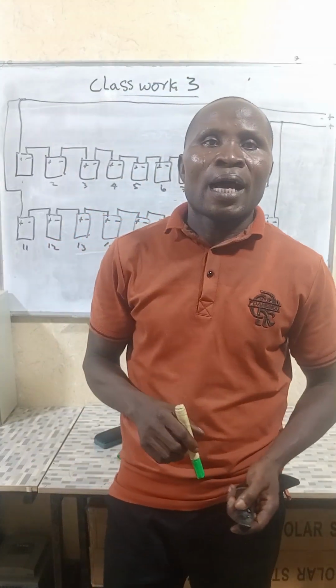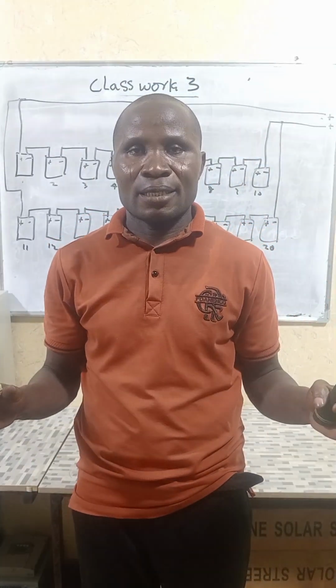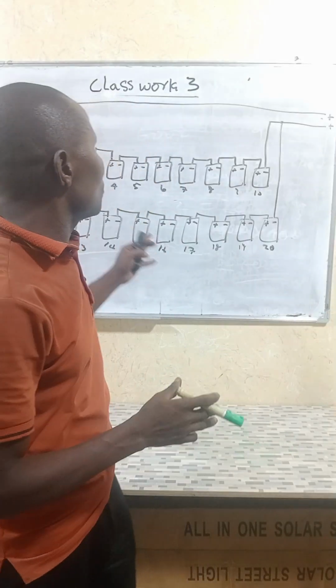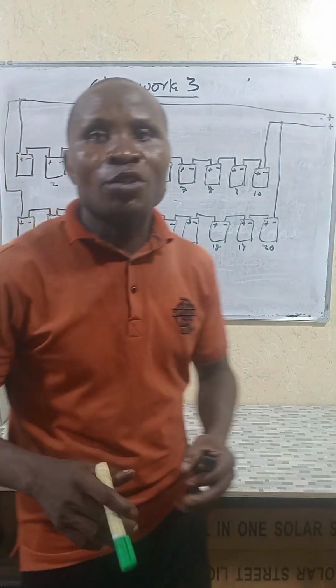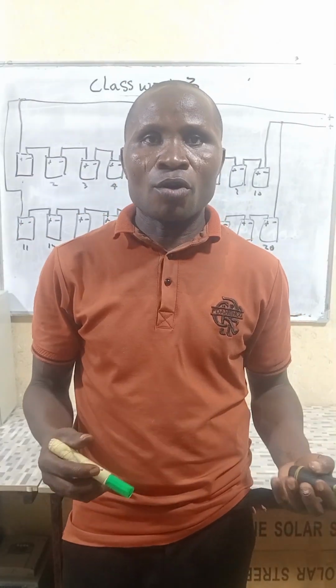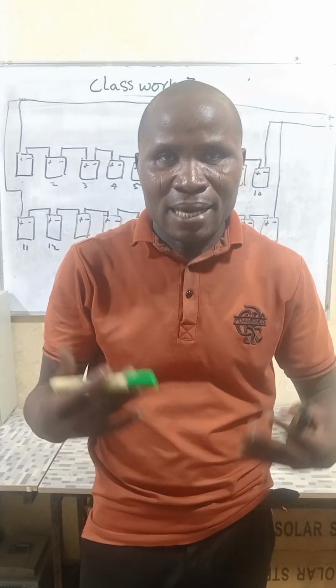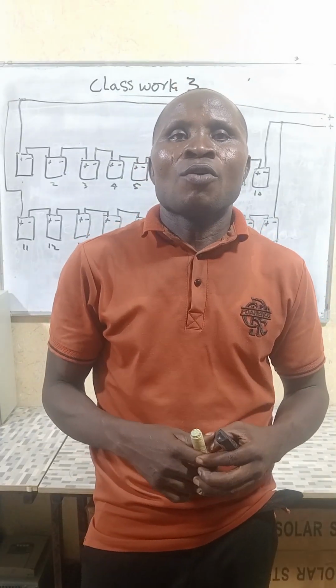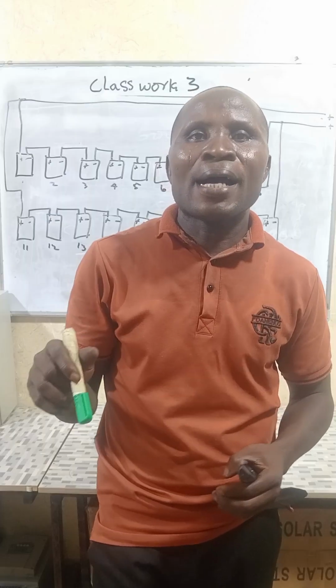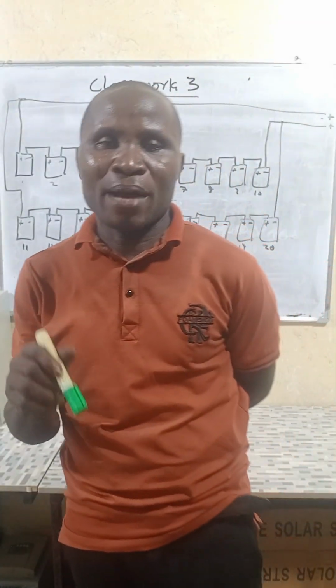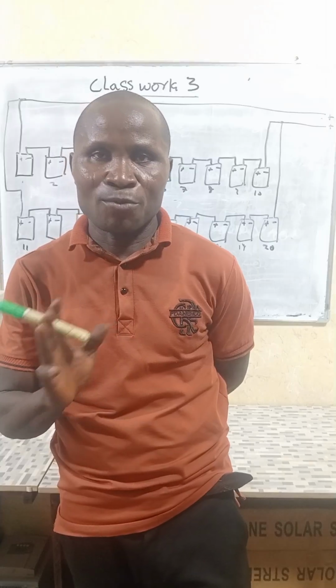Now, as we look at this block diagram on the board, we don't just conclude, because the panel has its own parameters at the back. The maximum power of this 625 watts panel is 625 watts.